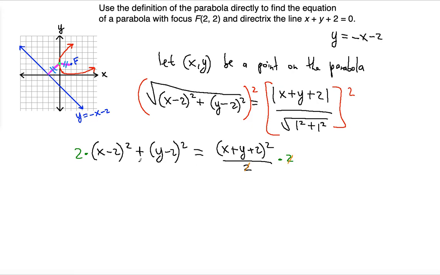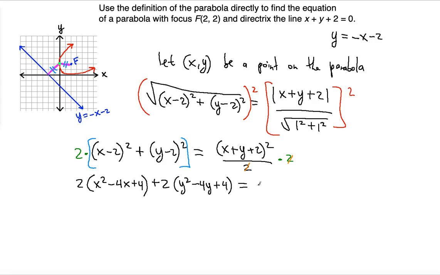So the 2's are gone, but the left side becomes, let's see, we can expand this: x squared minus 4x plus 4, that's for this, plus 2. Now remember, I forgot to indicate that we multiply everything by 2, not just the first term. So 2 times y squared minus 4y plus 4, that's for this guy, is equal to, now let's expand this guy squared, the top.